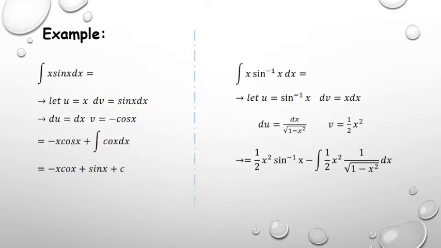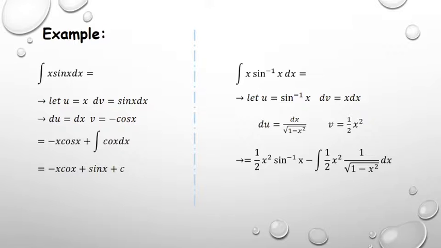So it becomes minus cosine of x times x plus integration of cosine x dx. And integration of cosine x dx equals sine x plus c. Therefore, the entire problem becomes minus x cosine x plus sine x plus c.